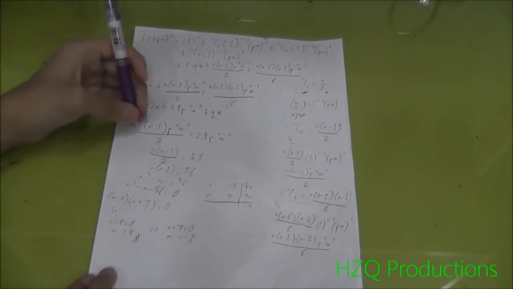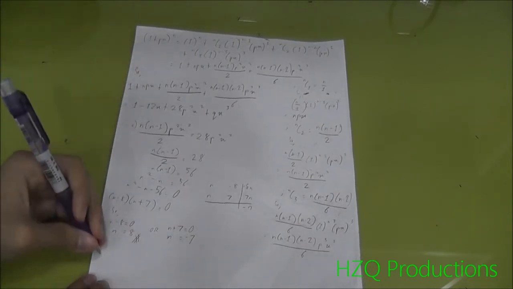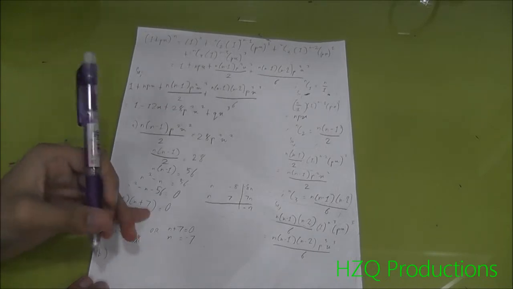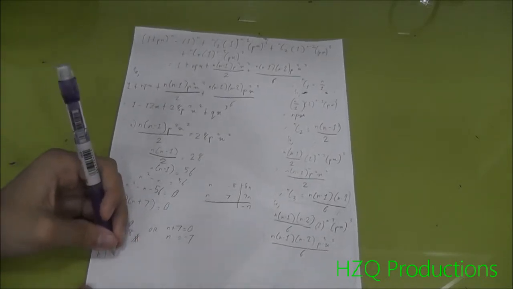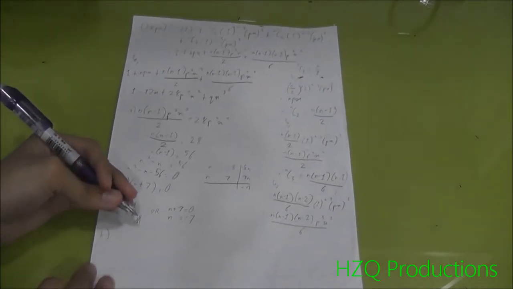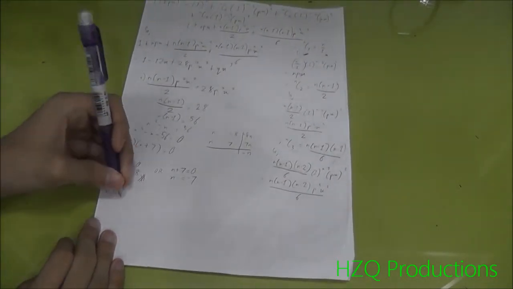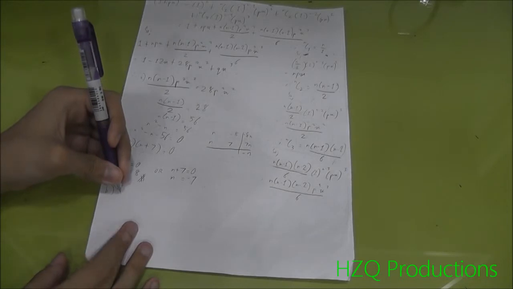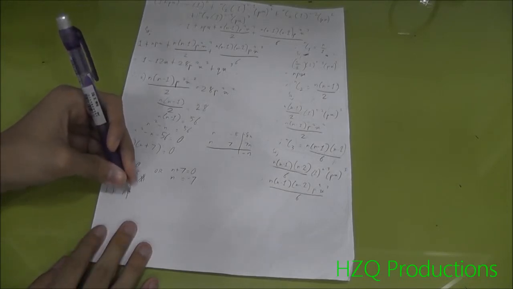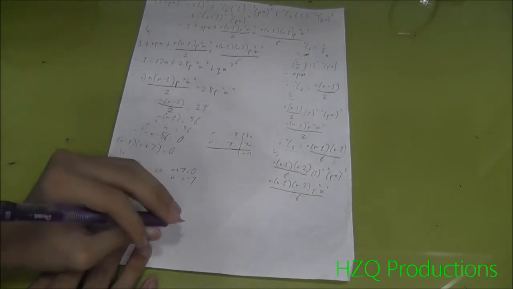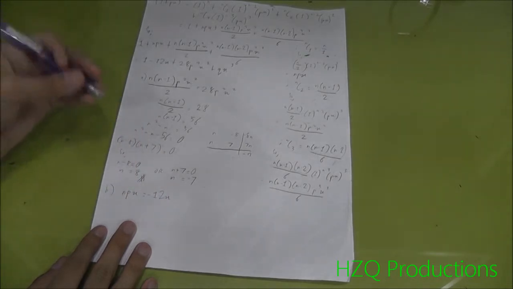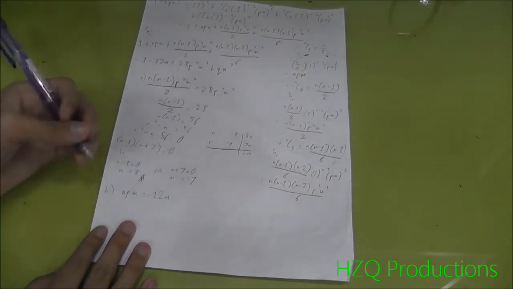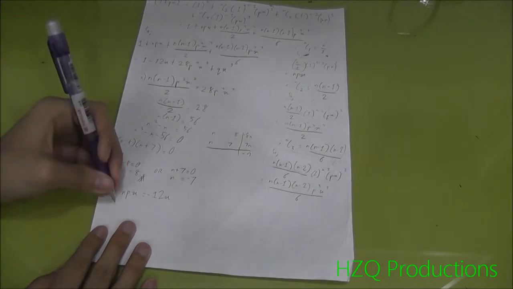Another one we want to find is the first part. We already found n, now we use npx. npx is equal to negative 12x. Now that we found n, don't use a negative answer, use the positive answer.